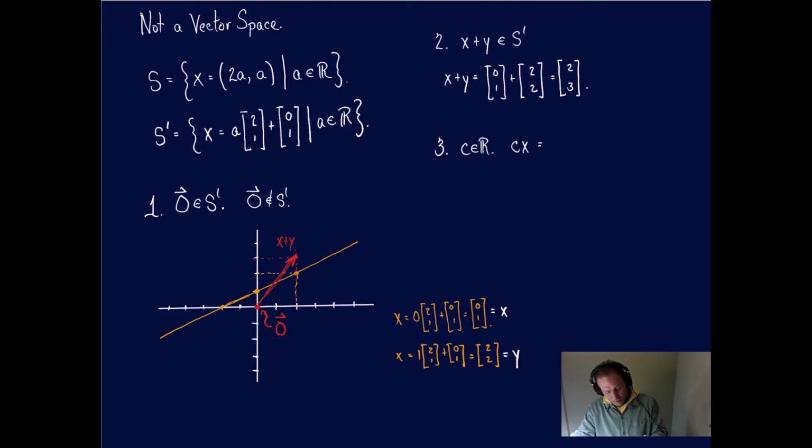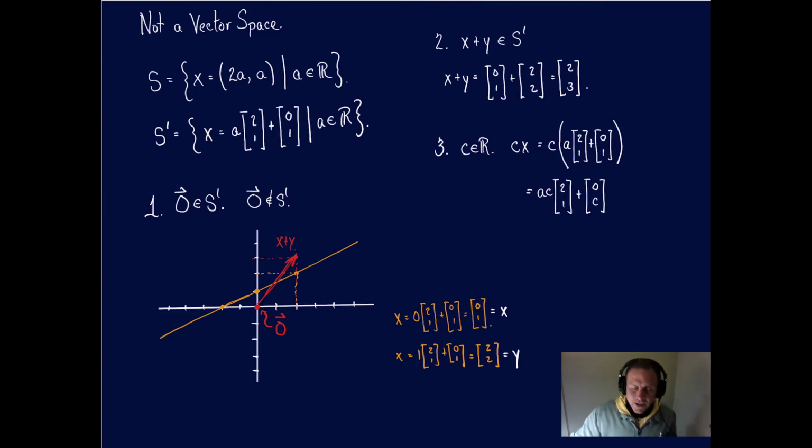Remember, x is the vector a times 2, 1 plus 0, 1. That is going to give me ac times 2, 1 plus 0 times c. Well, that's where it fails, right there.